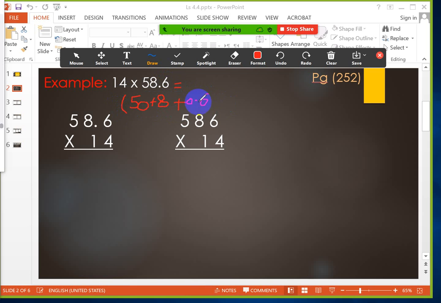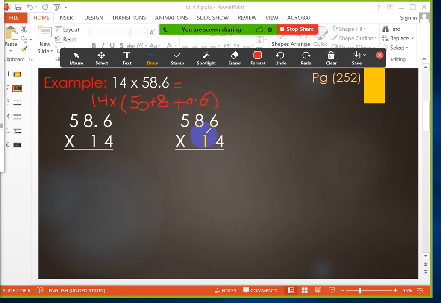So if I want to use expanded form here to multiply 14 with this number, that means I will multiply 14 by the value of each digit. The value of each digit. That means I will multiply 14 with 50, then multiply 14 with 8, then multiply 14 with 0.6.